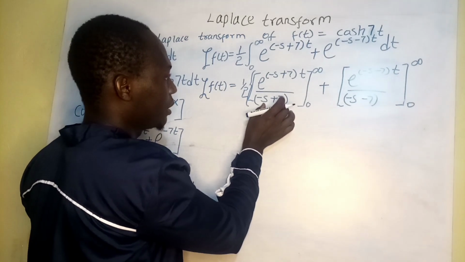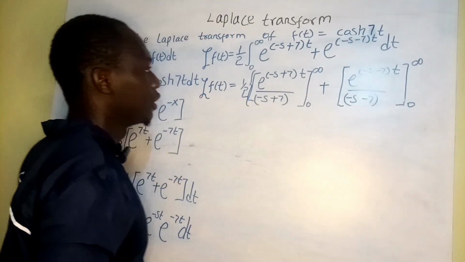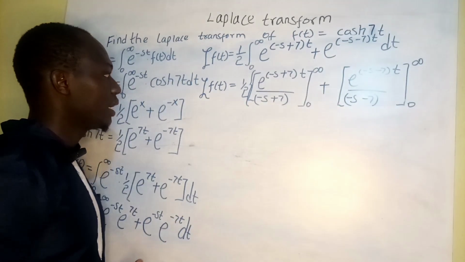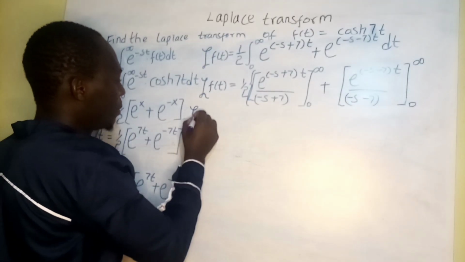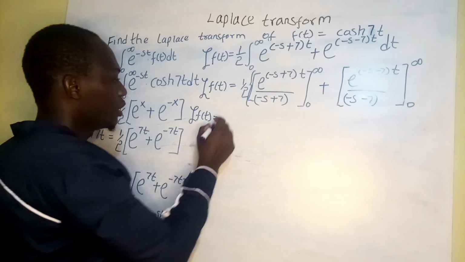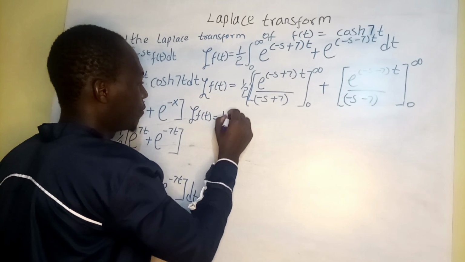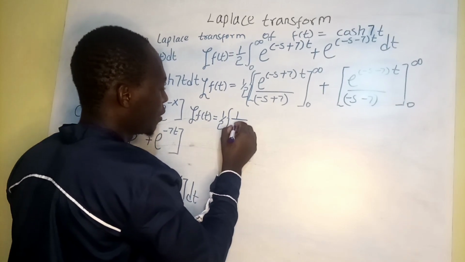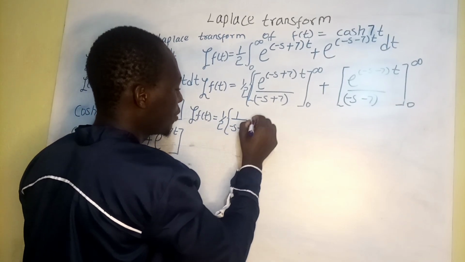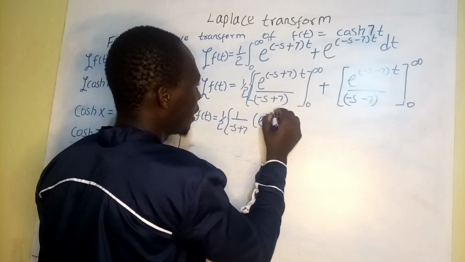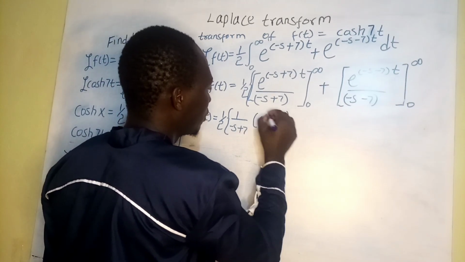Let us now separate the denominators from the numerator and we work out with the limits. So the Laplace transform of our function f of t, we understand, is going to be equal to a half into negative s plus 7, we multiply by exponential negative s plus 7.